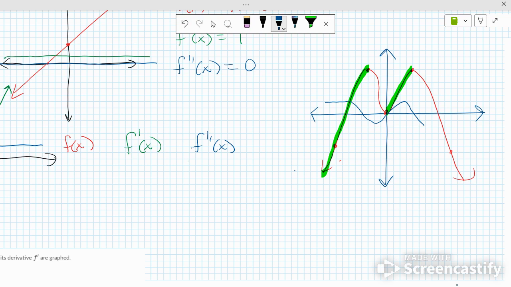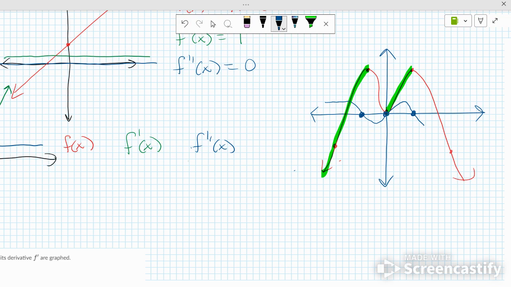This is kind of important to understand. How did I know exactly where those ups and downs happened? Because I know exactly that had to happen there, there, and there. Why? First derivative is slope.